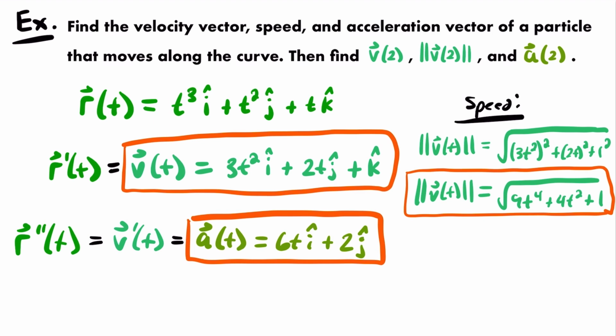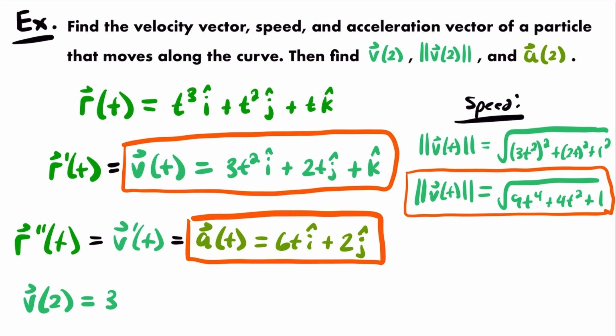And so now we have the velocity, the acceleration, and the speed in terms of t, but now let's find the specific values of the velocity, speed, and acceleration for t equals 2. Let's find each of those values for this example. Starting with the velocity, v of 2 is equal to this vector, but where you plug 2 in for each of those t's.